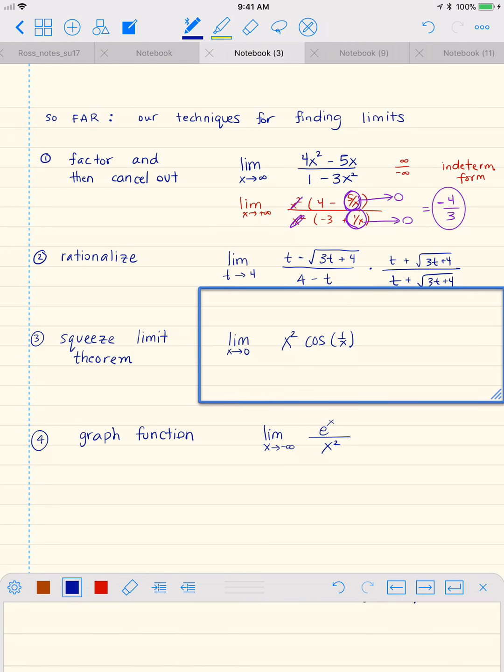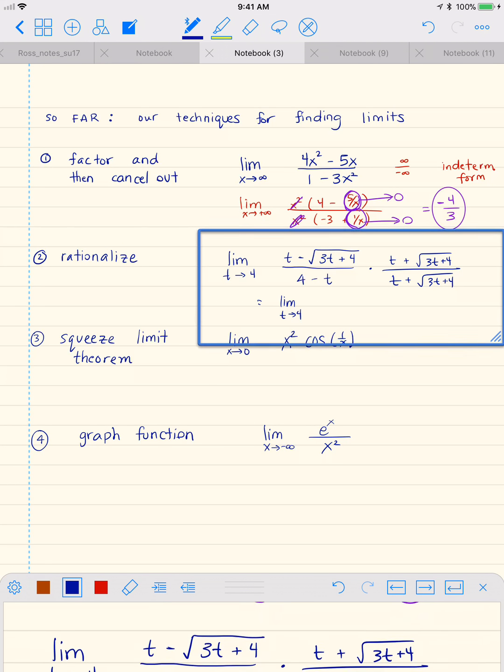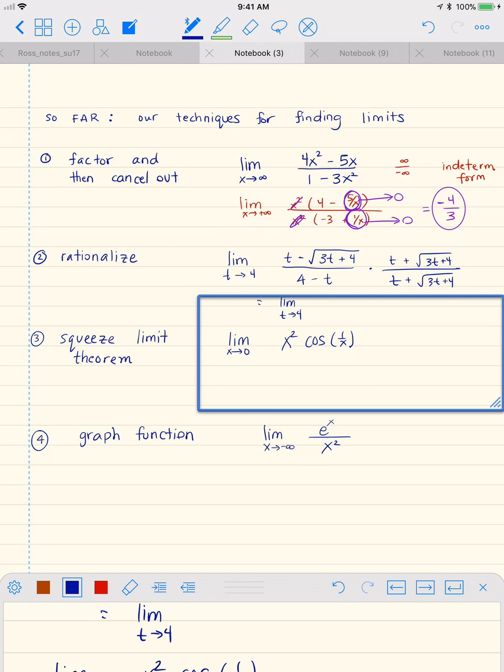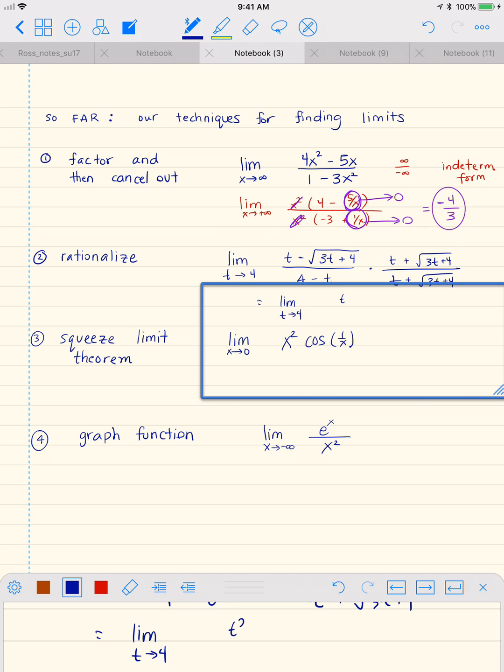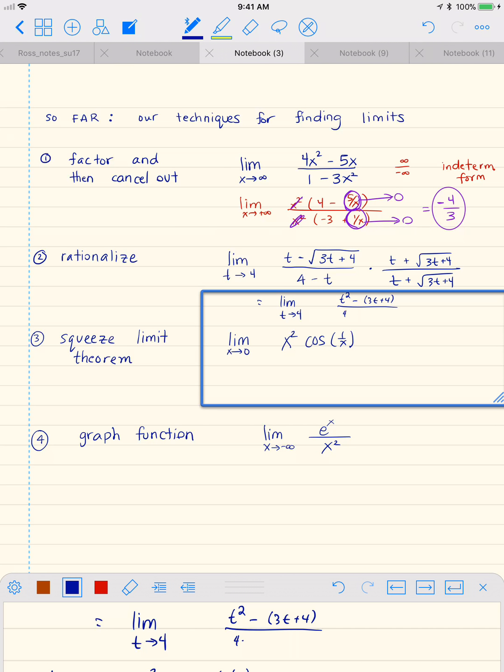Okay, and then what would happen? We would get the limit as t approaches 4. When we multiply the numerators, we would get t squared minus 3t minus 4. And in the denominator, we would get 4 minus t times the square root of 3t plus 4, plus t.